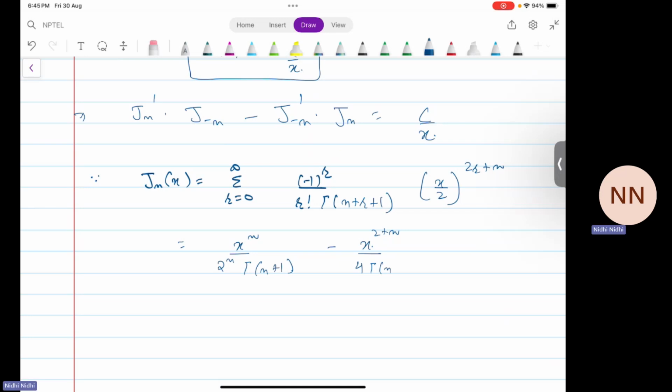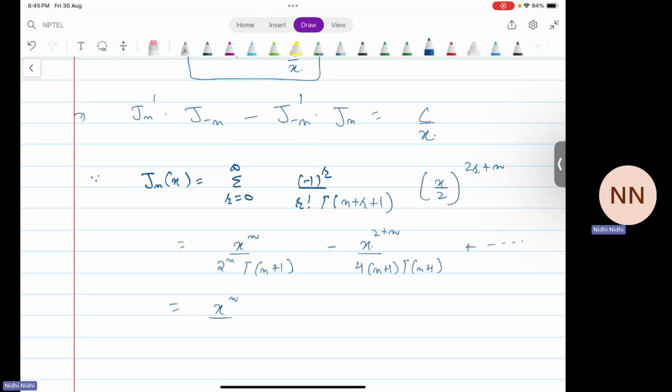Gamma(n+2) can be written as (n+1) times Gamma(n+1), and so on. So I'll just take the coefficient.